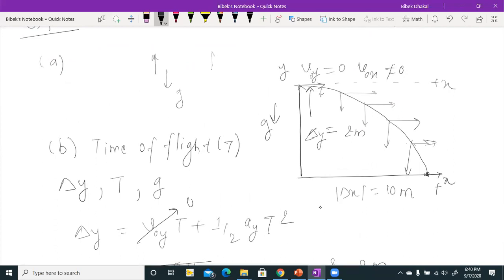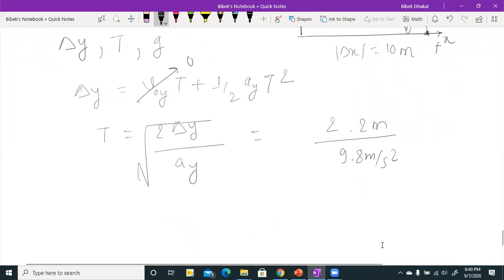But in this case, the projectile is going down and g is also down, so they are in the same direction. So we'll take g as positive, because you can't have a negative inside the square root. That's imaginary. So you do the square root, and the answer is 0.64 seconds.